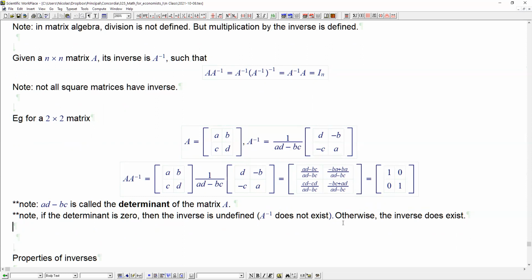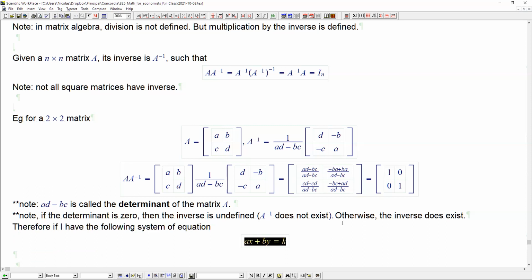Okay, so imagine I have the following equations. So I have ax plus py equals k, and I have cx plus ty equals m, for instance.